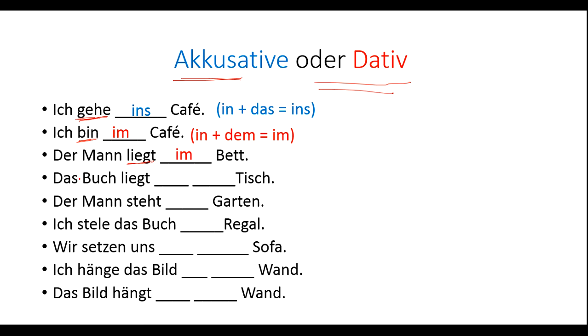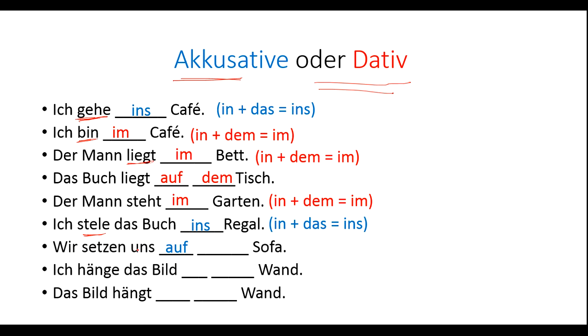Dative verb. Das Buch liegt auf dem Tisch, on the table. Dative, that's why dem. Der Mann steht im Garten. Dative. Ich stelle das Buch ins Regal. Stellen, accusative.